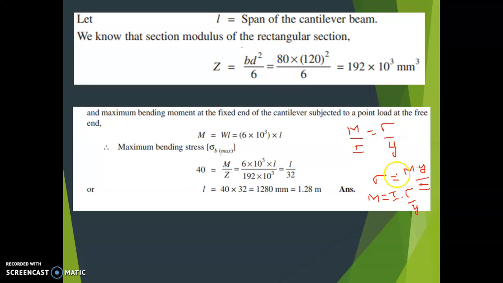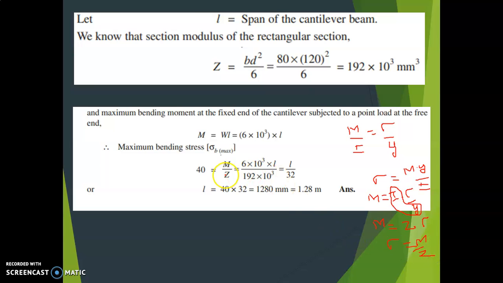M is equal to I into sigma divided by y. This I divided by y is nothing but Z, so M is equal to Z into sigma, or sigma is equal to M divided by Z.